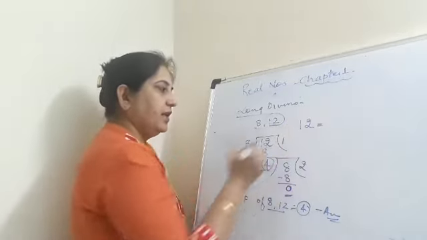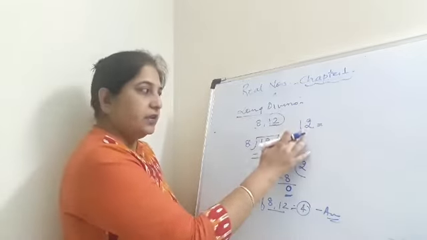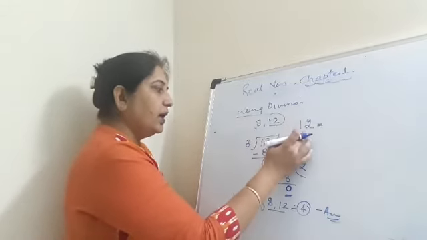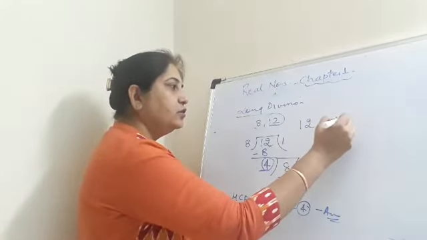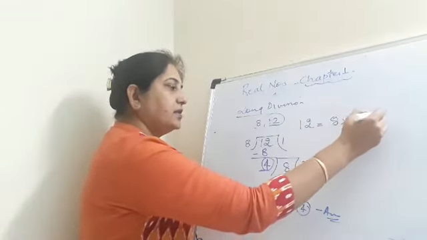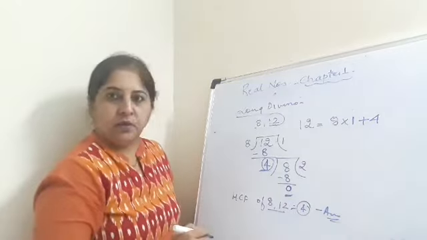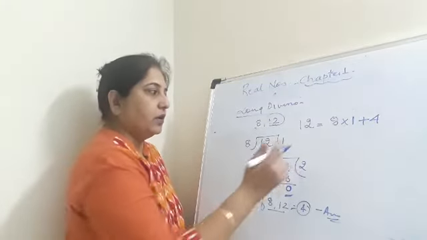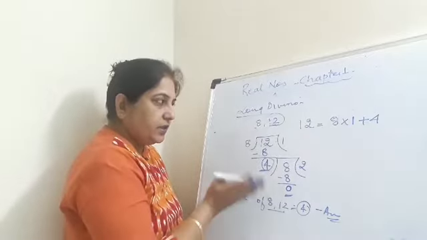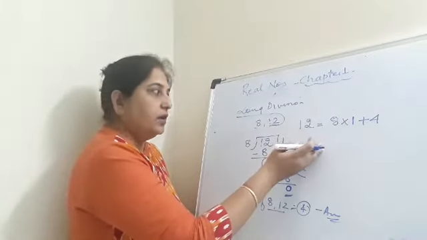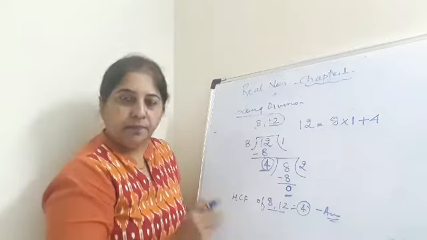I will write the dividend first, the greater number first, that is 12 is equal to 8 into 1 plus 4. Next, I am going to write this complete procedure in this form, which is called Euclid's division lemma.